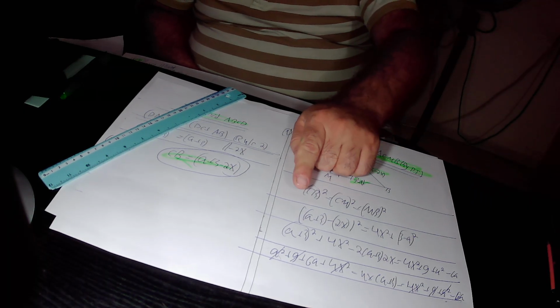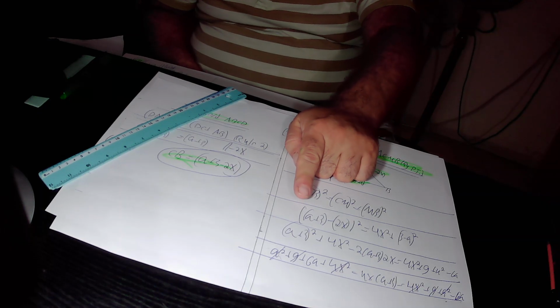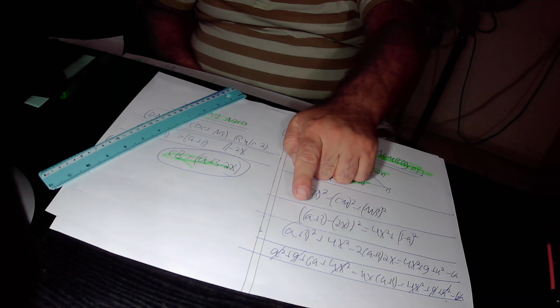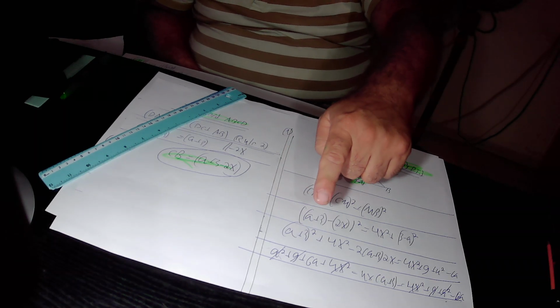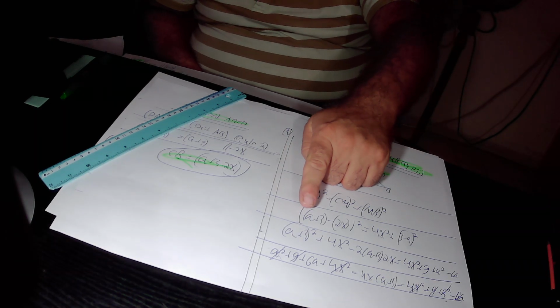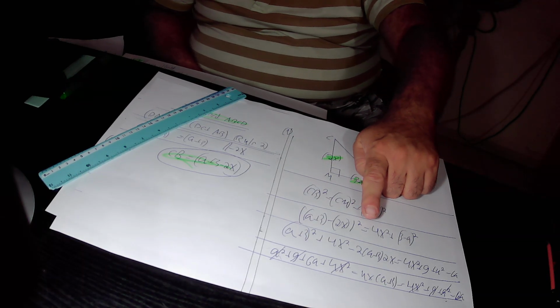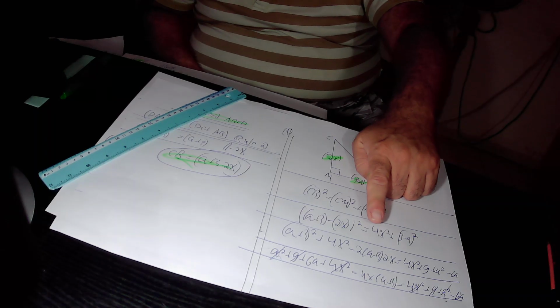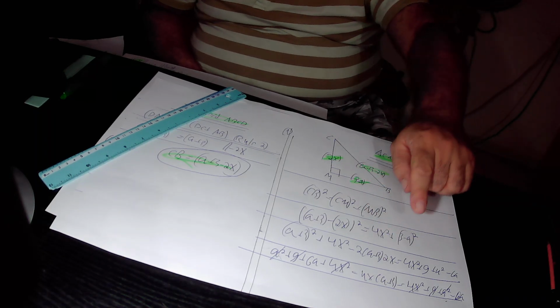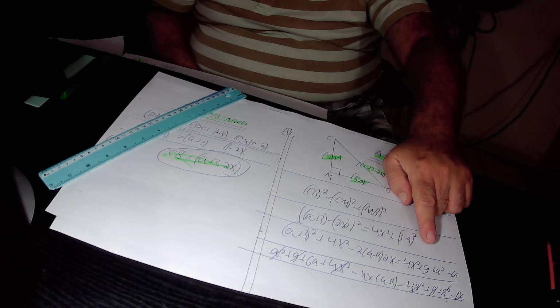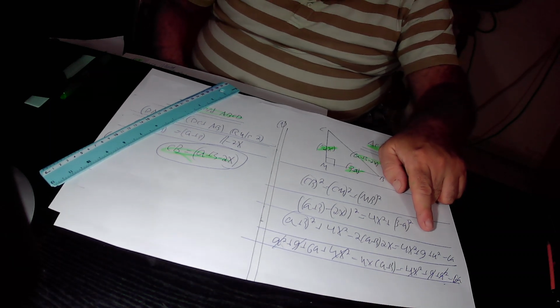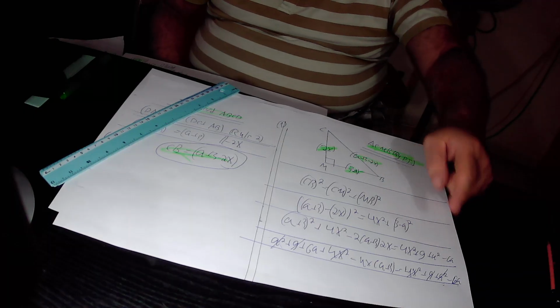Opening the brackets, a plus 3 squared equals a squared plus 9 plus 6a, plus 4x squared minus 4x times a plus 3, and this equals 4x squared plus 9 plus a squared minus 6a.